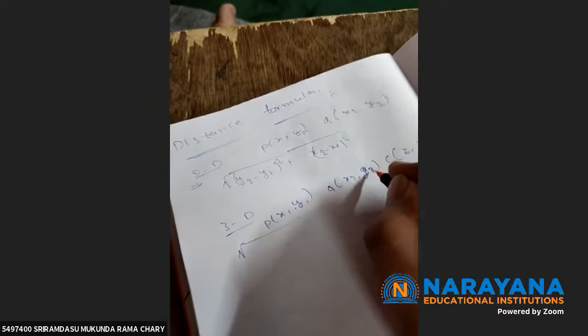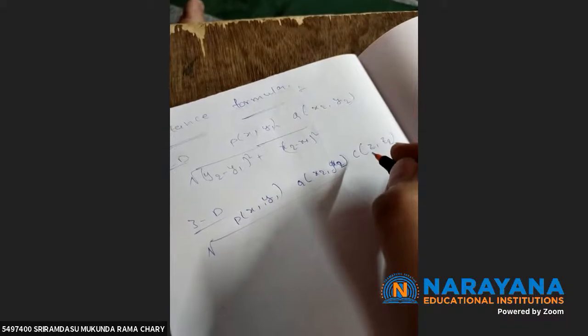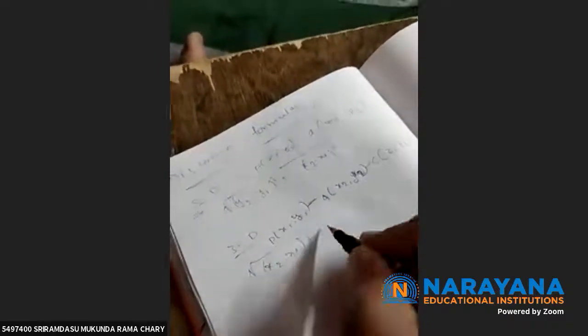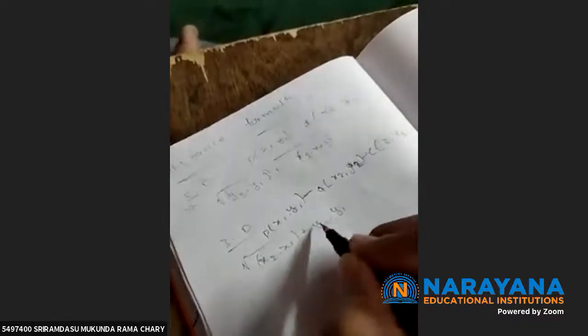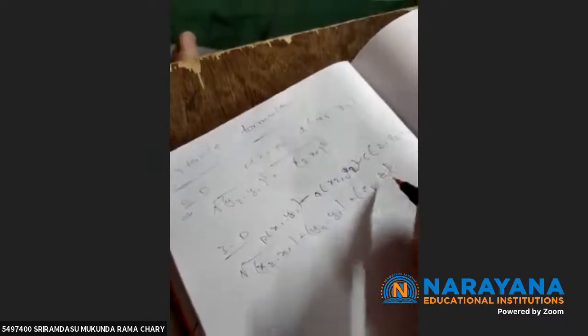The formula is under root x2 minus x1 whole square plus y2 minus y1 whole square plus z2 minus z1 whole square. This is the formula.